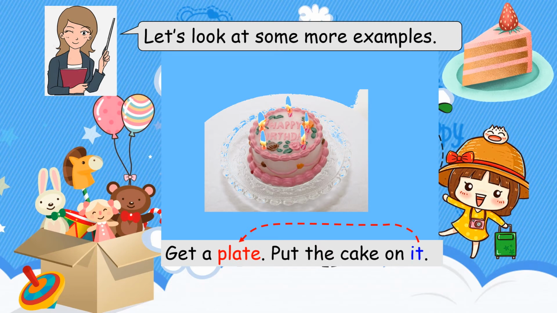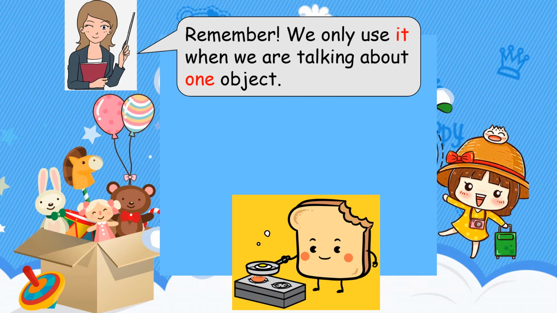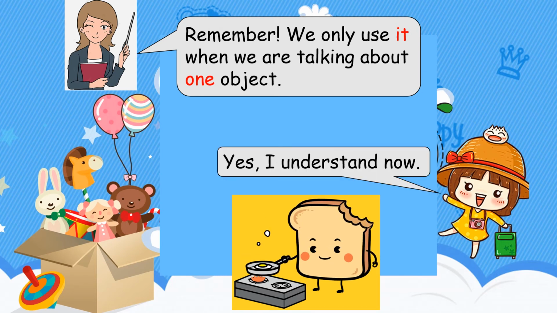The plate is a countable noun, and there is only one. So we use it. Let's read. Get a plate. Put the cake on it. Remember, we only use it when we are talking about one object. Yes, I understand now.